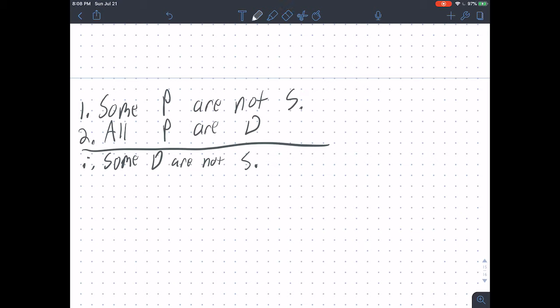Again, these aren't schemata. These are just English sentences, basically.